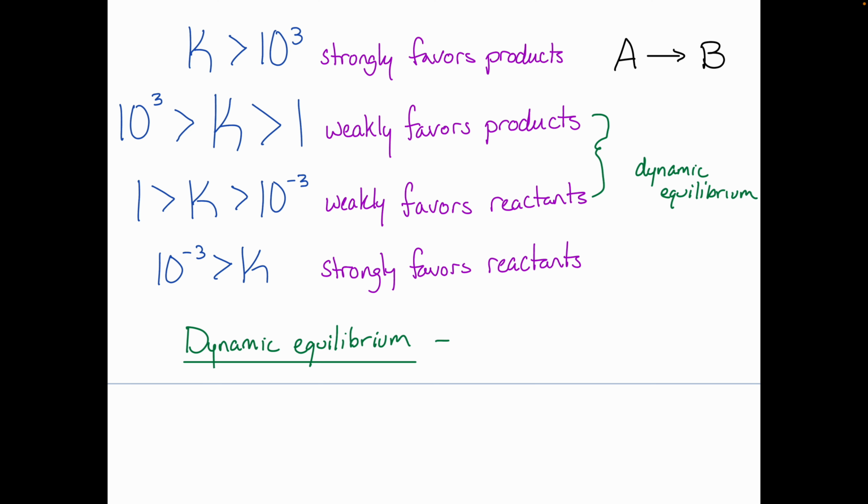But this means you have an appreciable amount of both reactant and product at equilibrium.